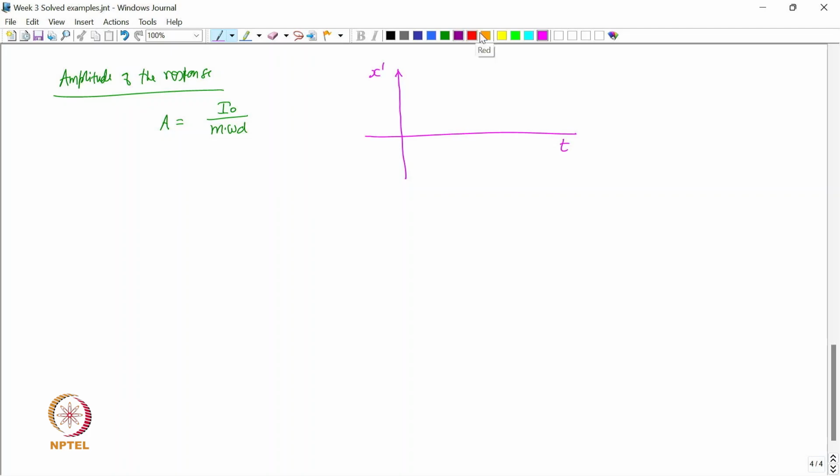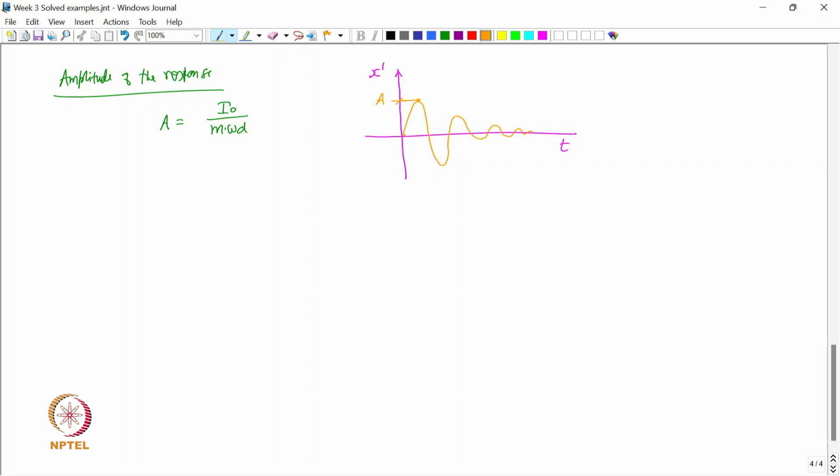So, this curve would essentially look like this, and you have this going up, then something like this, right, this sine, and this is nothing but the amplitude, the maximum value of the response, right, that is the amplitude I naught.